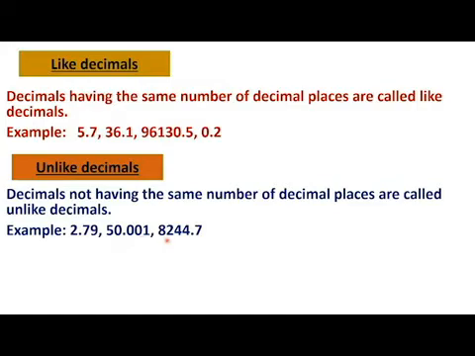In the third number, 8,244.7, after the decimal, we have only one decimal place. So in the first number we have two decimal places, in the second number three, and in the third number only one. So these all are examples of unlike decimals.